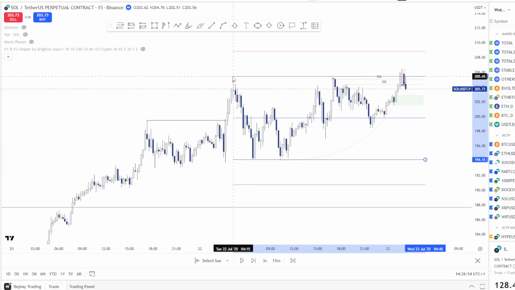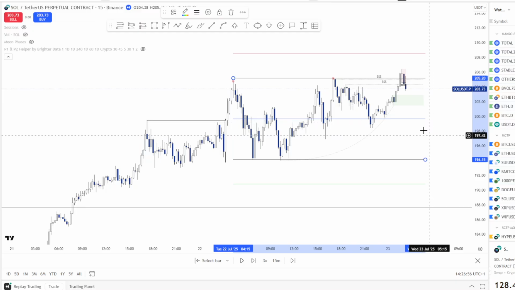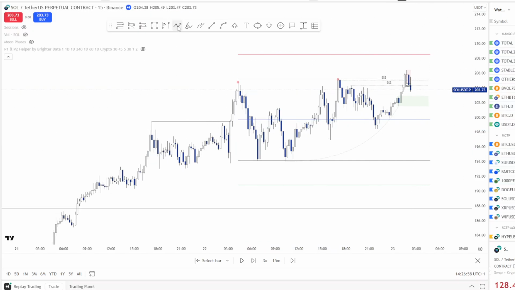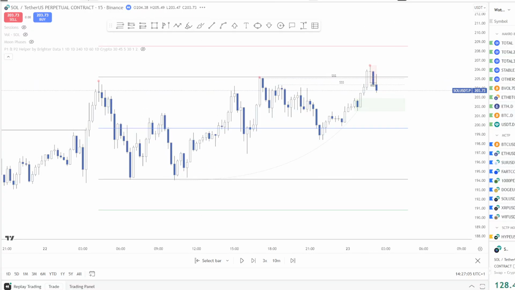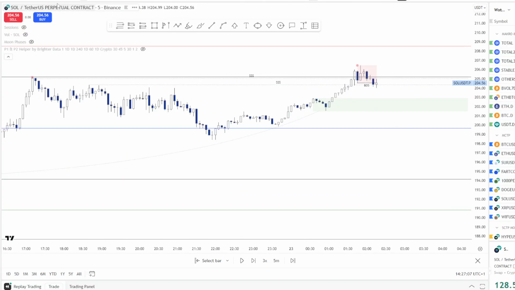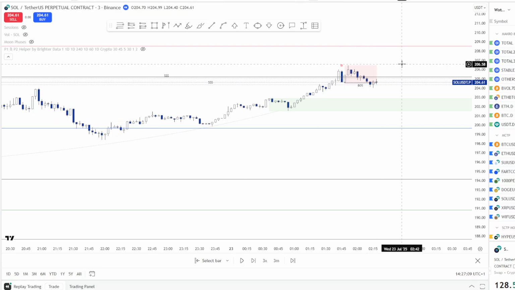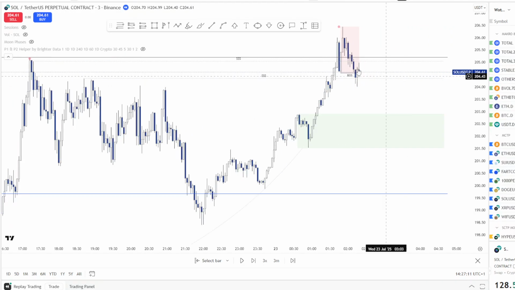And let's see. We broke into the range. So now let's analyze again the break.